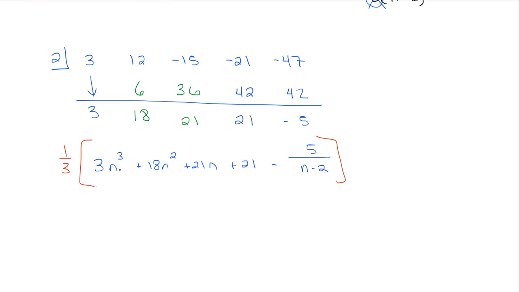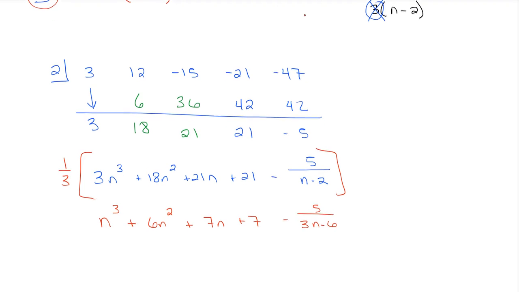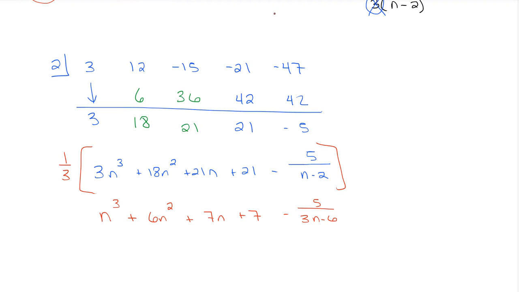So 1/3 times 3n cubed would just be n cubed plus 1/3 times 18, 6n squared, plus 7n plus 7 minus 5 over 3n minus 6, which brings me back to my original number I'm dividing by. And then this would be my final answer.